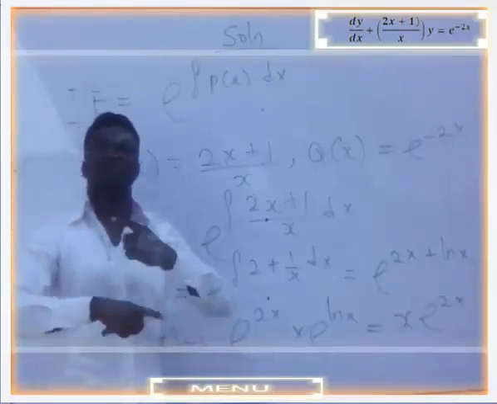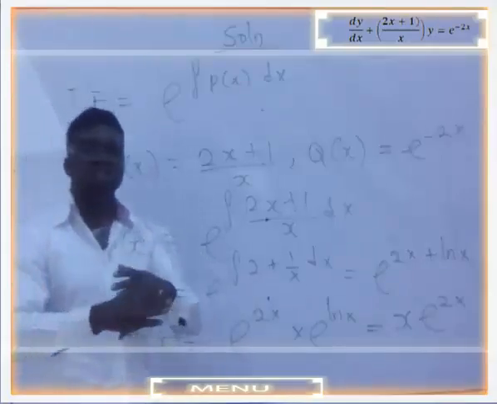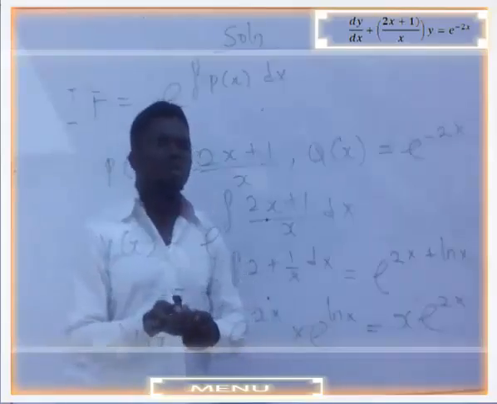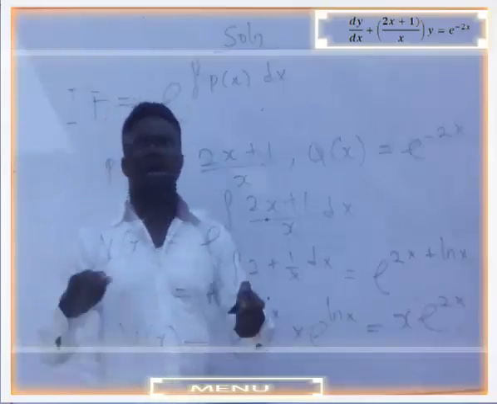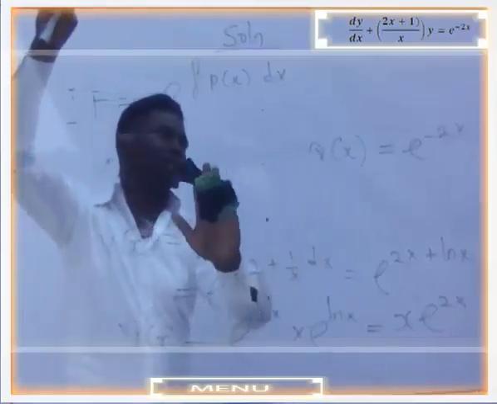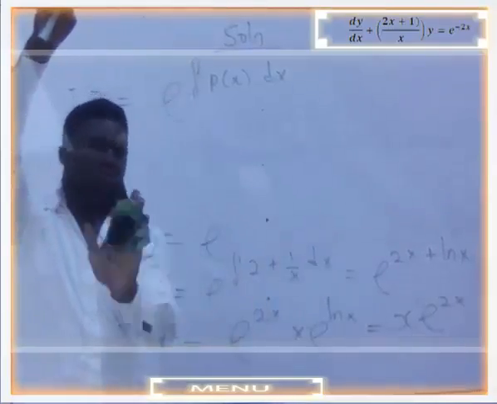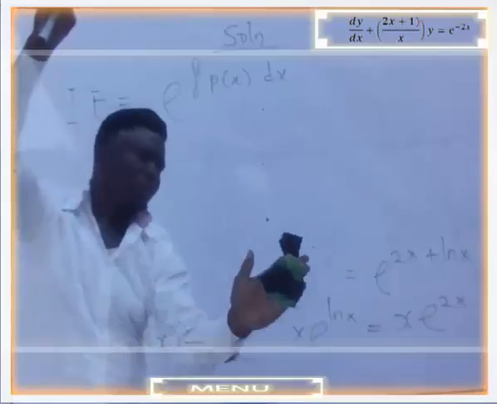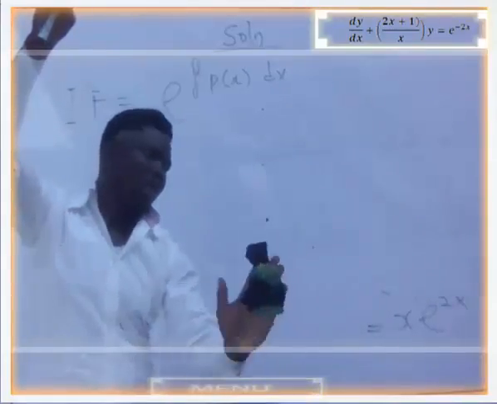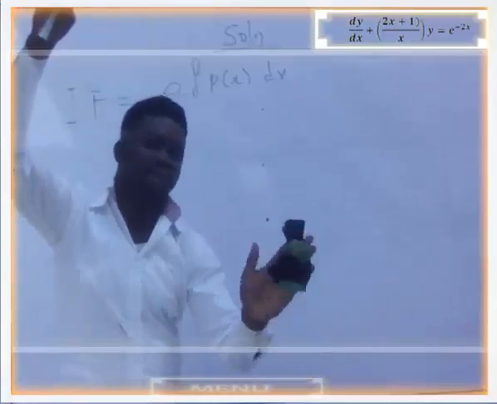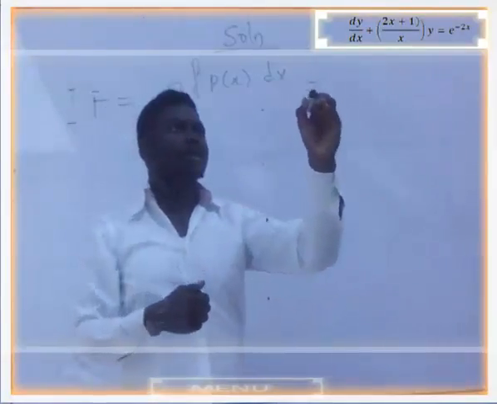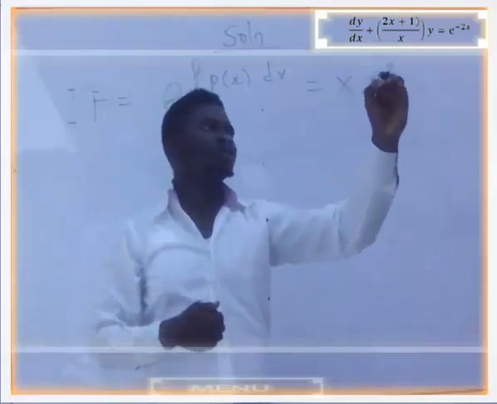I can now satisfy the first step, which is to multiply both sides with the integration factor, x exponential 2x.